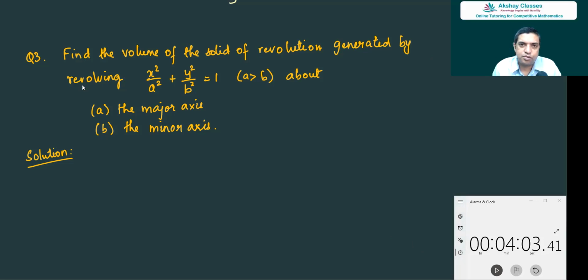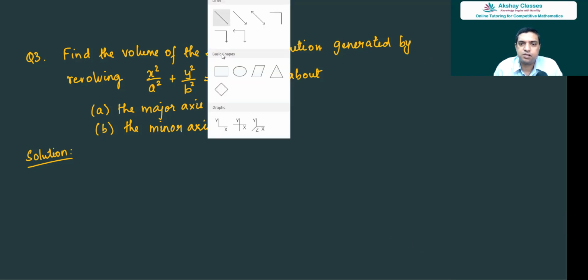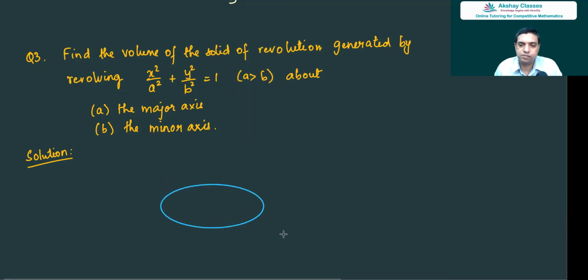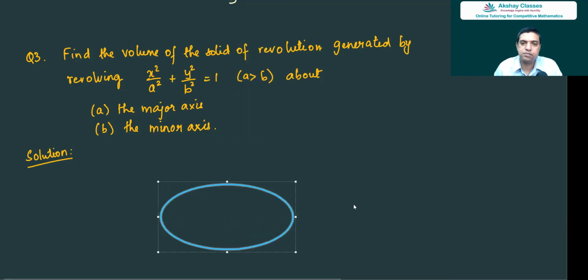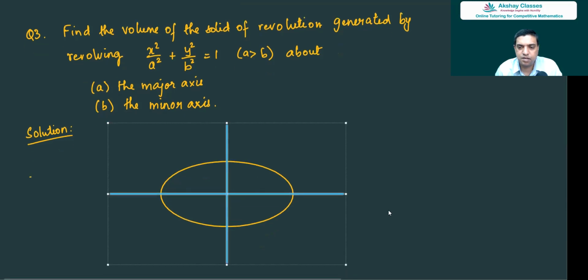So now let us look at the solution. This is an ellipse. There's the x-axis and the y-axis.